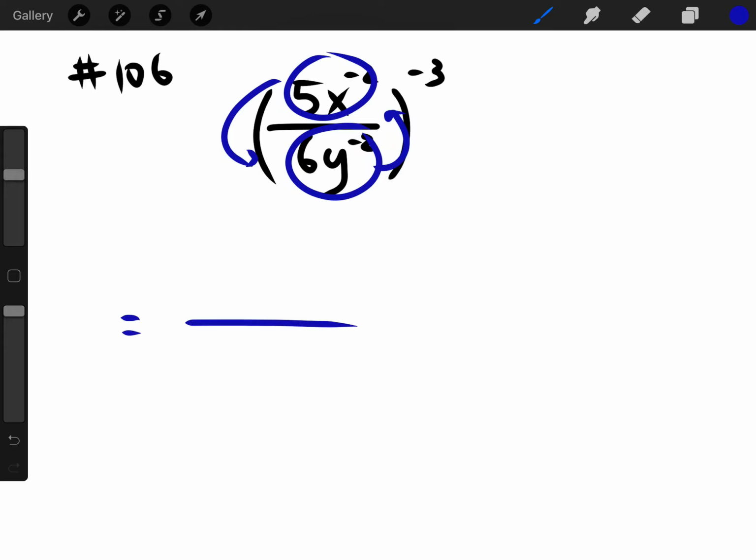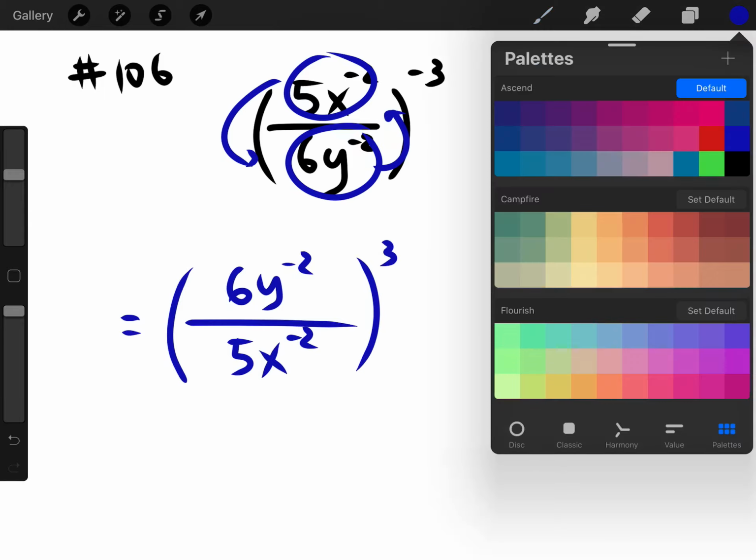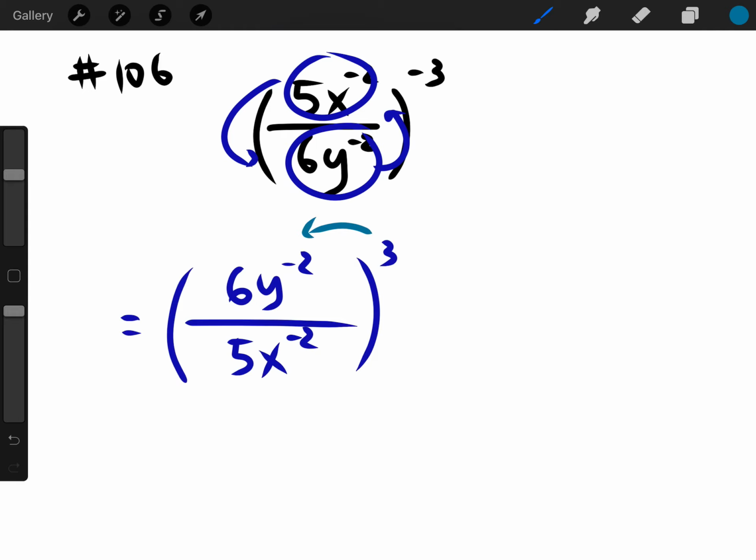So all you need to do is put 6y to the negative 2 on top, and a 5x to the negative 2 on the bottom. All right, so everything to the 3rd power. Now you'll be able to distribute the 3 because it's a power of a power, right? So you distribute the 3 to negative 2 and negative 2.